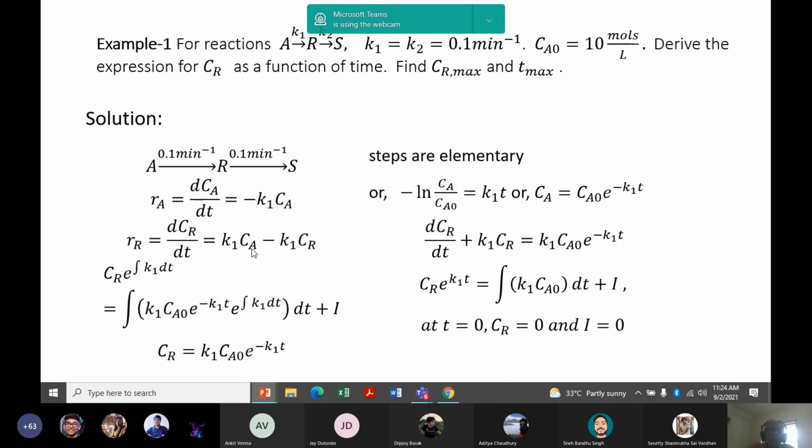After substitution of Ca equal to Ca0 e to the power minus K1t, you will get the equation in this form and the solution will be Cr e to the power K1t and like this. And the integration constant is also 0. Then Cr is simply K1 Ca0 t e to the power minus K1t.